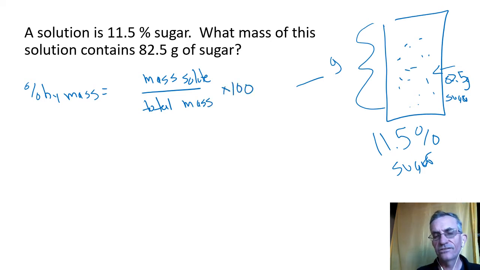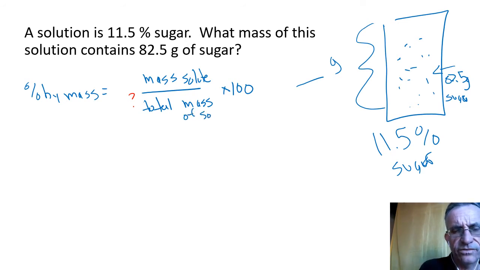So what I'm trying to figure out is what mass of this solution. I'm talking about the total mass. What's the total mass going to be? That's what we're looking for. So to do this, we got to know every other number, and then we're going to have to do a little algebra. So we're looking for the total mass. I guess I could write that here. This is the total mass of the solution, right? That was what's on bottom. We're looking for that number.